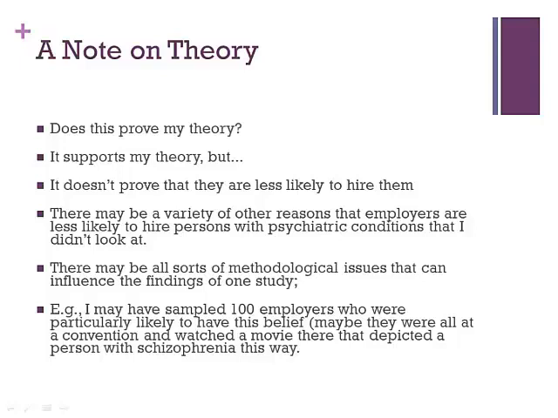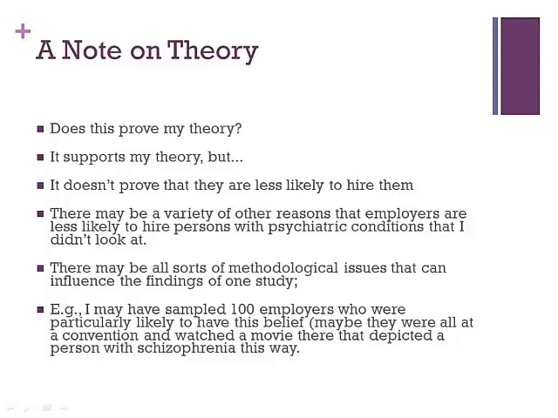And then the other part of that was that there can be methodological issues that make our findings more or less believable. For example, just to take an example to show you what I'm talking about, let's say those 100 employers that we surveyed, we found them at this employer convention, and that's where we drew our sample from.